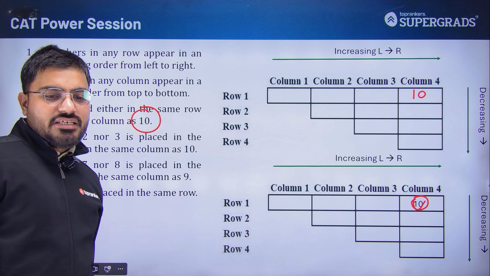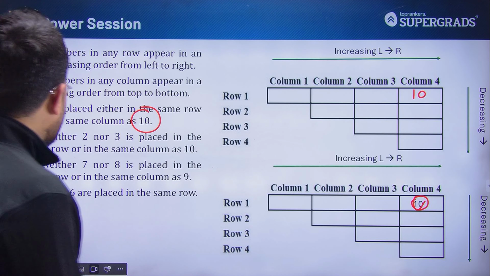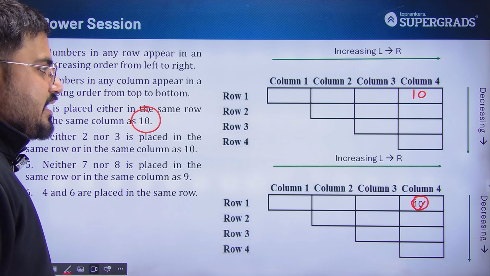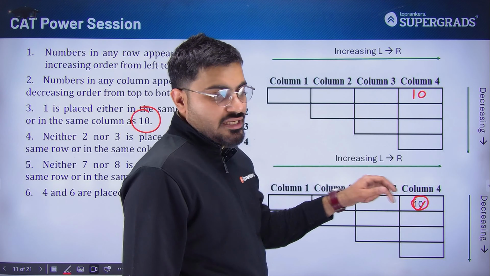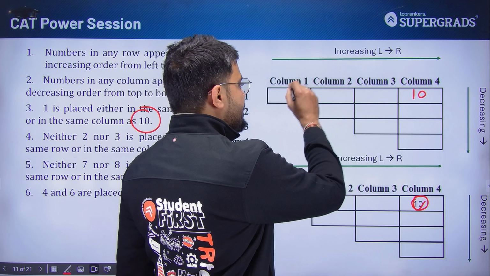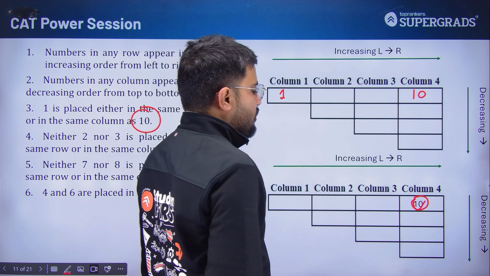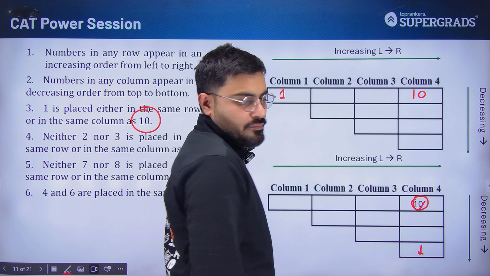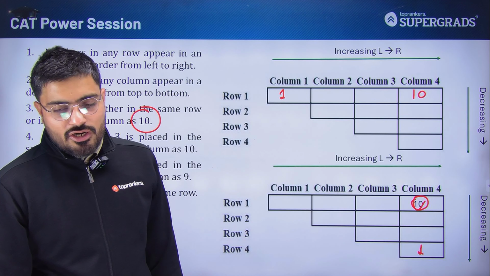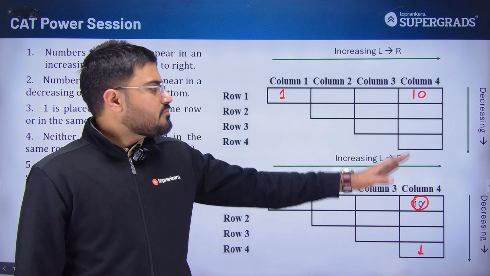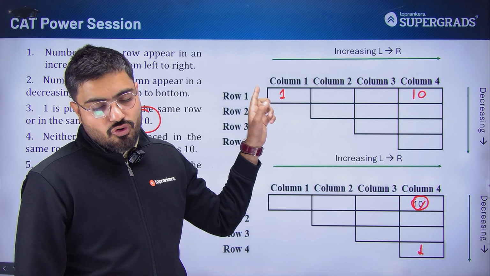Once we have frozen 10, they are saying one comes either in the same row or in the same column as 10. So 10 is here, and they are saying one comes either in the same column, but it is the smallest number, so it will come at the bottom place. This is the orientation if it comes in the column, and this is the orientation if it comes in the row.